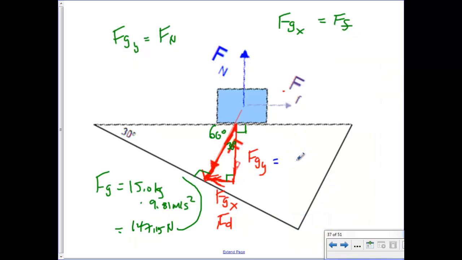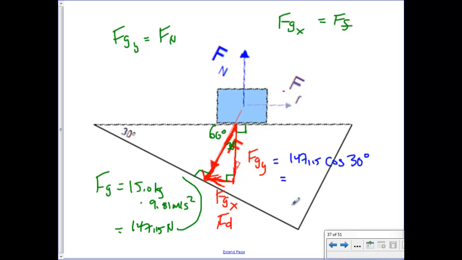So if I want to find FGY, that's going to be 147.15 cosine 30, because it'll be the adjacent you're solving for. Why would you find FGY? You're right, actually I don't need to find FGY, do I? Let me do it anyways, but you're right, it wasn't necessary to the question.